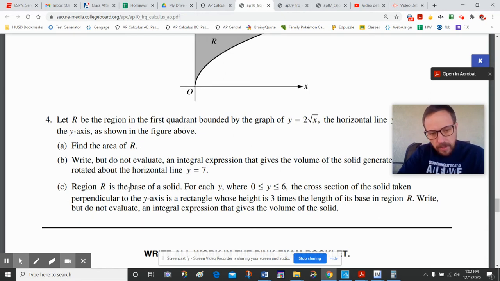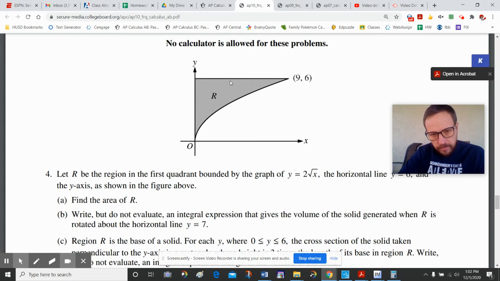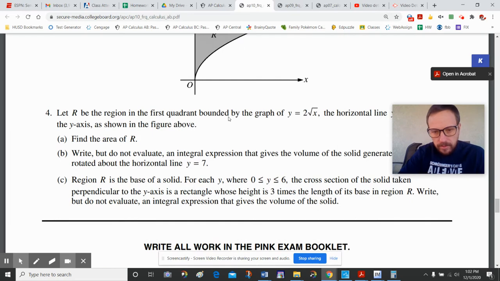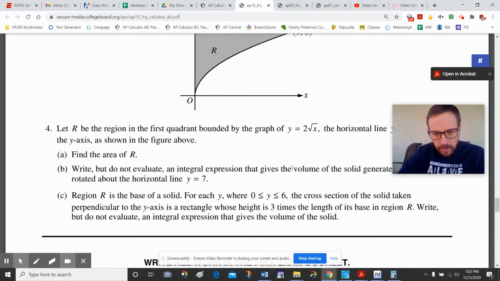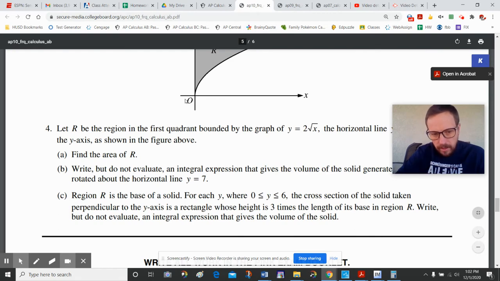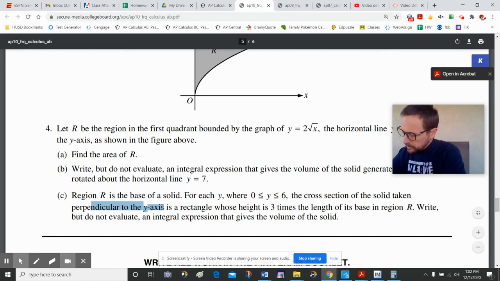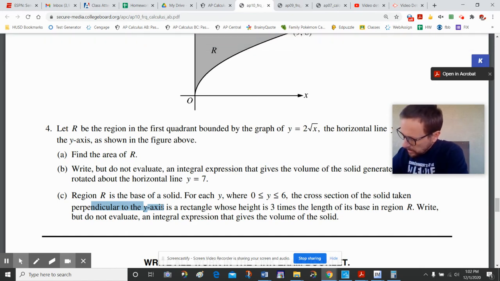Now, region R is the base of a solid for each y from 0 to 6. They actually gave us that intersection point. That was nice of them. From 0 to 6, the cross-section of the solid taken perpendicular to the y-axis is a rectangle whose height is 3 times the length of its base.